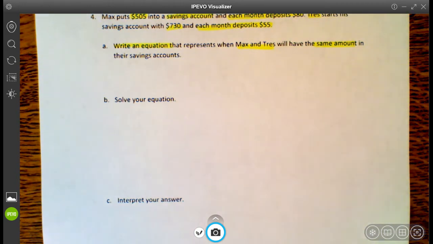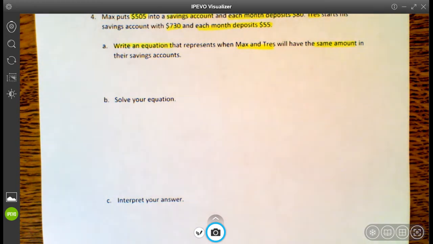So when we're talking about when somebody has the same amount of money, it means we're looking for when these 2 boys are going to have something equal in amount or equal in money value. So to do that, we first have to write an equation or an expression to represent Max's savings account and Trey's savings account.